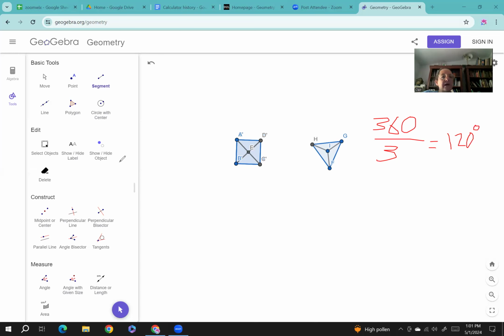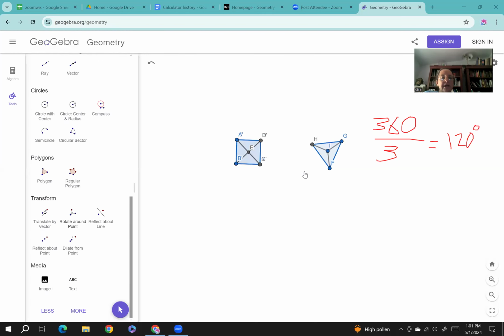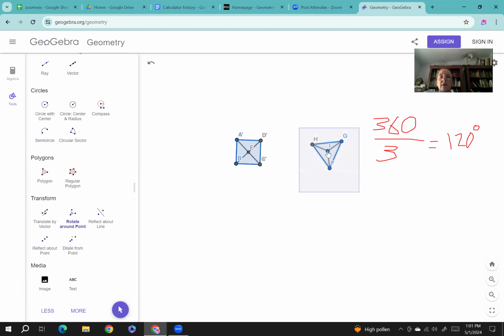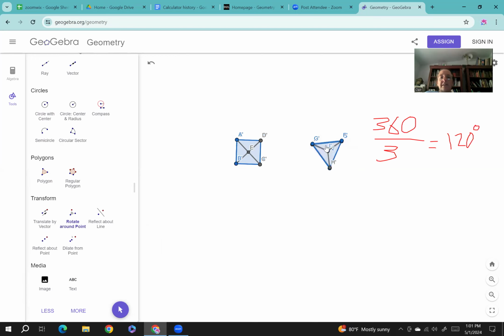Okay, let's go ahead and rotate around the point and highlight the triangle. Highlight our center of rotation, and this time we'll tell it 120 degrees. And we'll go counterclockwise, that'd be great. And then you can see it landed right on top of itself.